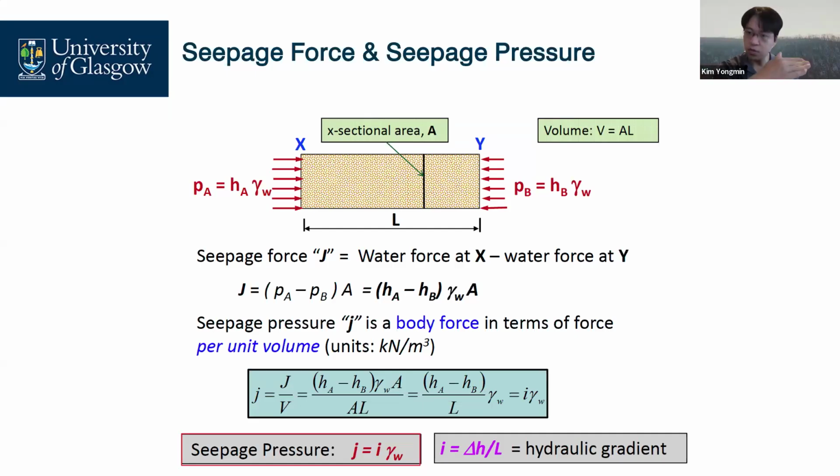I causes water flow, right? This i times water unit weight is the seepage pressure. It means that if i gamma w, the seepage pressure, is higher than the soil's effective stress, then we get into trouble.